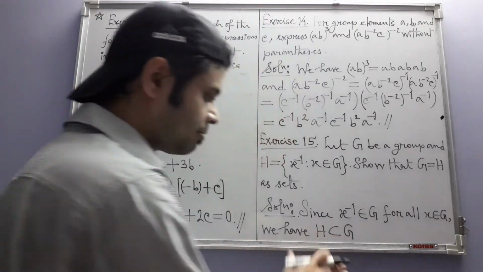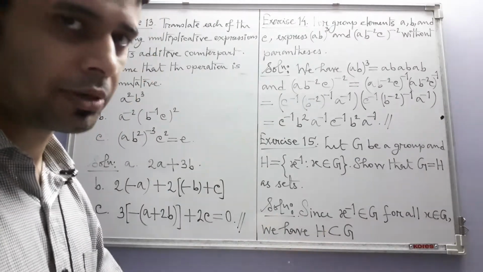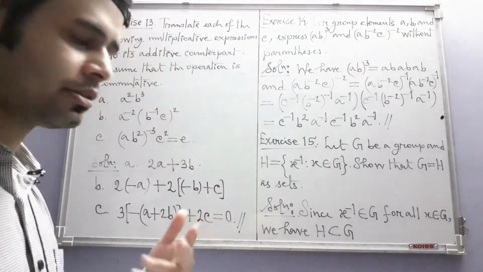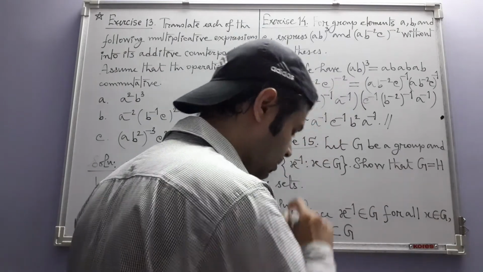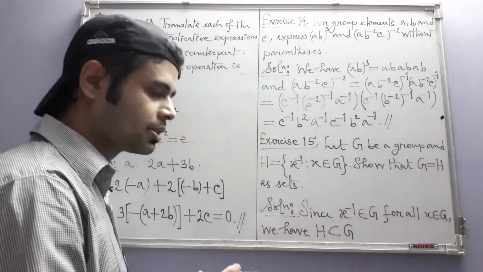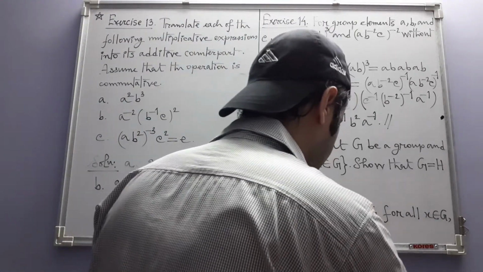Like Herstein, I am writing this one. Okay, by this I mean subset, not proper subset. I forgot. I will check what the actual notation is, but for now you consider this symbol as representing the subset relation.